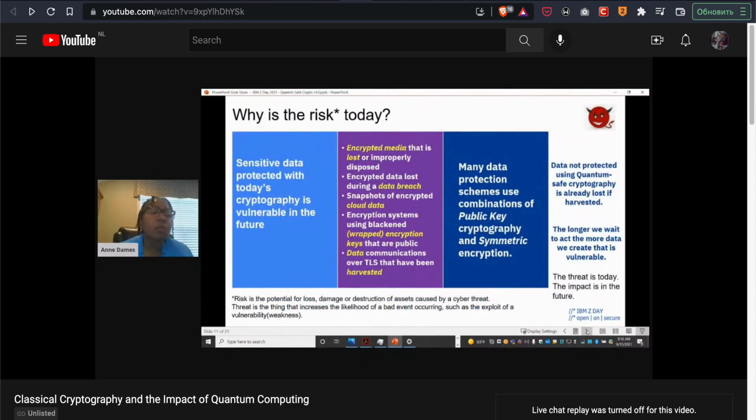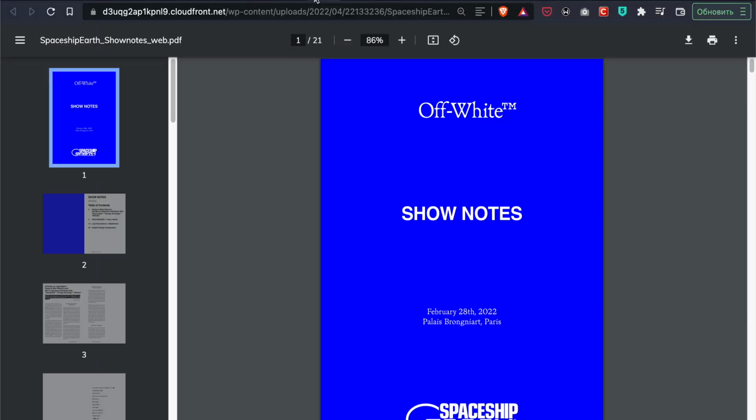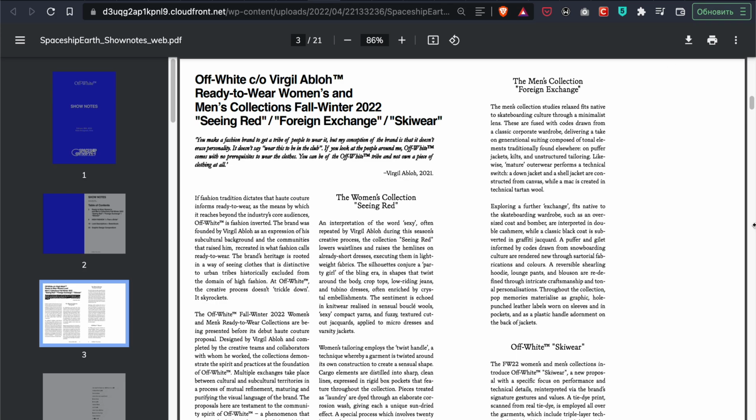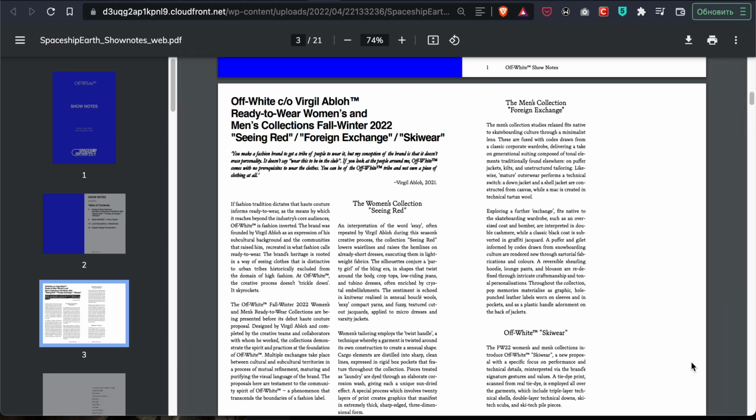So let's talk a little bit about why the risk is today. Why is the risk today? Because sensitive data protected with today's cryptography is vulnerable in the future. Now, what is risk? Risk is the potential for loss, damage, or destruction to your assets. And the threat is the thing that increases the likelihood that that will happen.